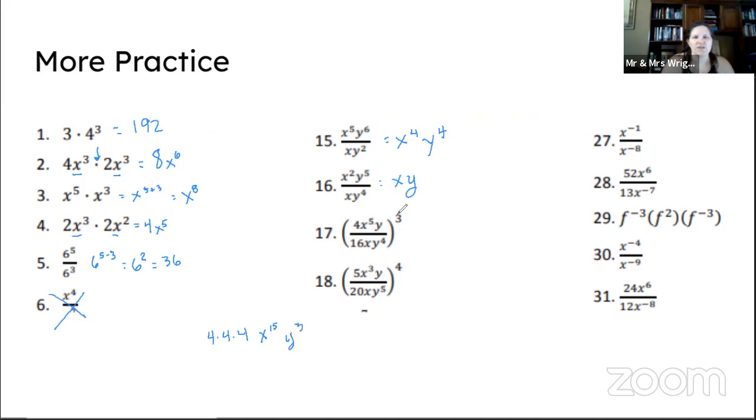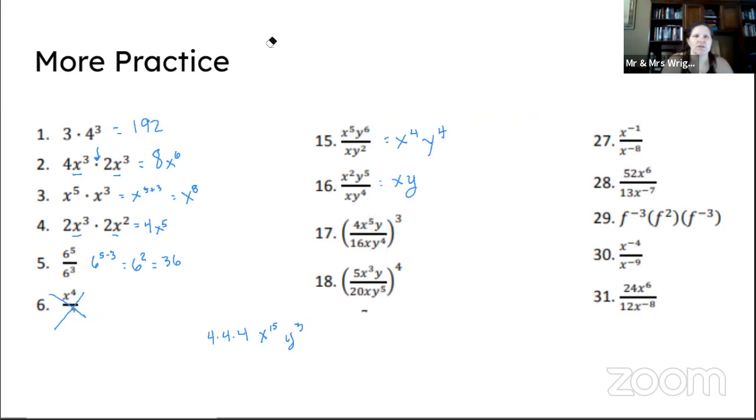You see that this 3, because it's around the parentheses, is going to apply to every single item inside these parentheses, both the top and the bottom, okay?